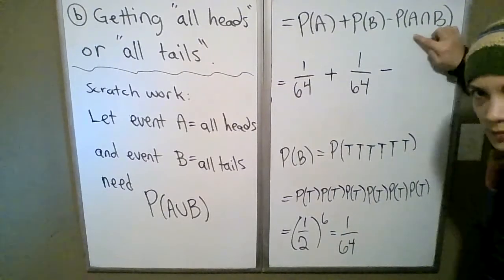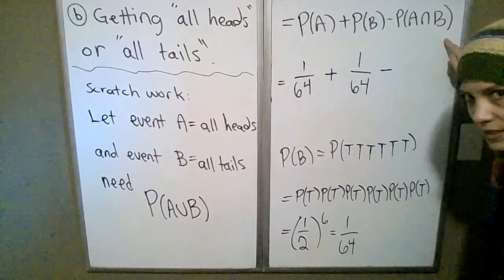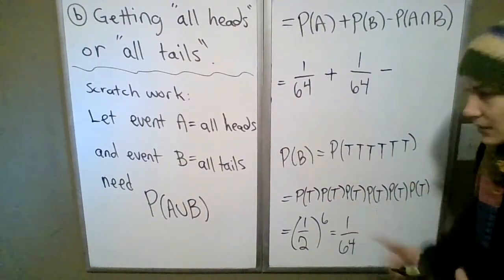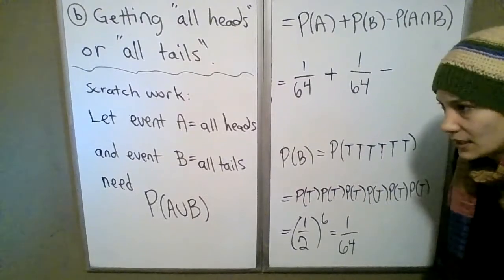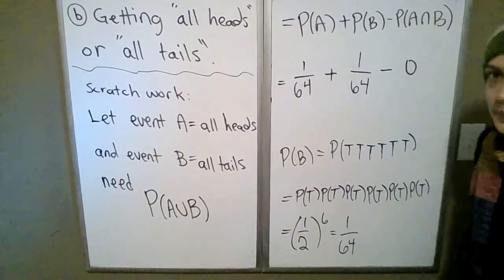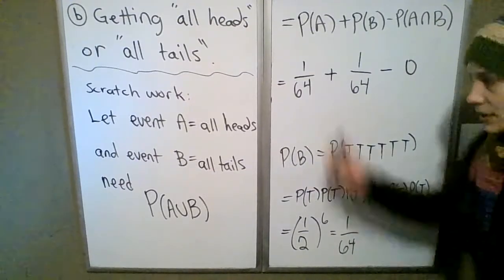And this last one is the probability of getting all heads and all tails, which is not possible. It can't be all heads and all tails. It's the probability of the empty set, which is 0. Okay, so this is 2/64.